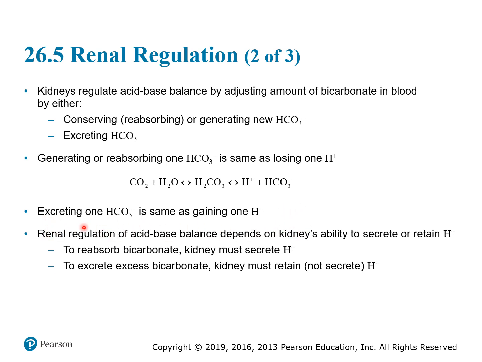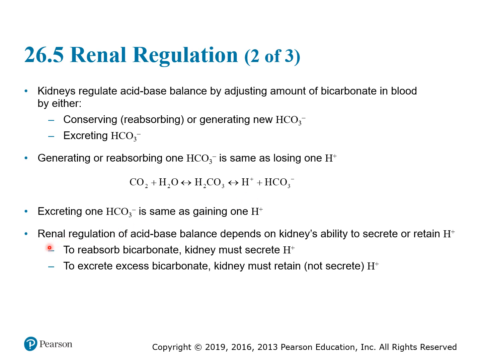When kidneys excrete one bicarbonate ion, it is just like gaining one H plus. How is that? Because it goes in a circle. We will go over it, but just the effect of losing one bicarbonate ion is just like the body has gained one H plus ion, because now you can say that this H plus ion is unbalanced.